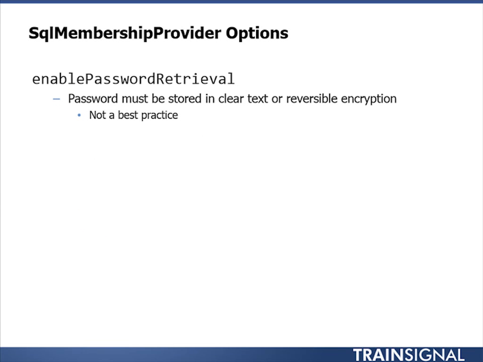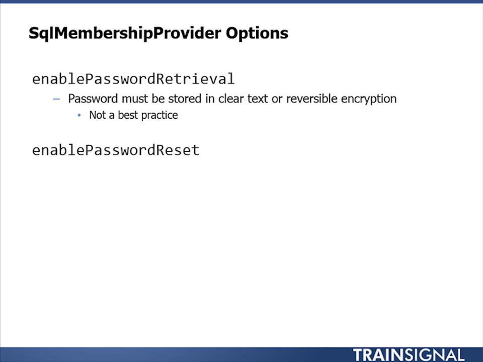Now, when we go in to set up our SQL membership provider, you're going to notice that there's a few little options. We have password retrieval, and password reset. Now, password retrieval means that if a user forgets their password, we're actually going to give them their current password. This means that we need to be able to convert that into a password again, which would mean that it's going to need to be stored in reversible encryption or clear text.